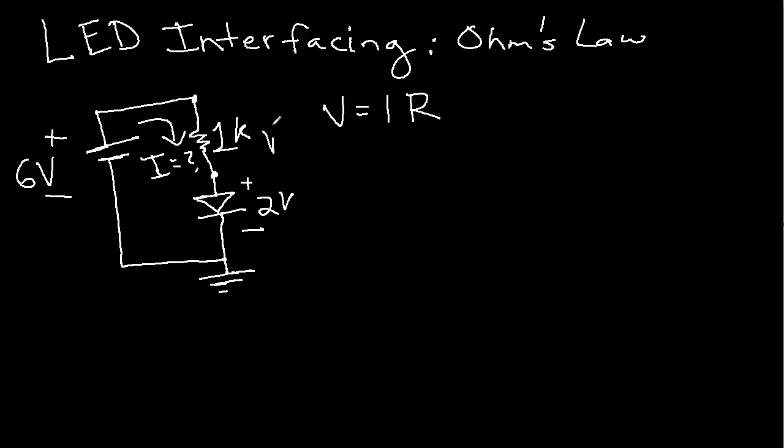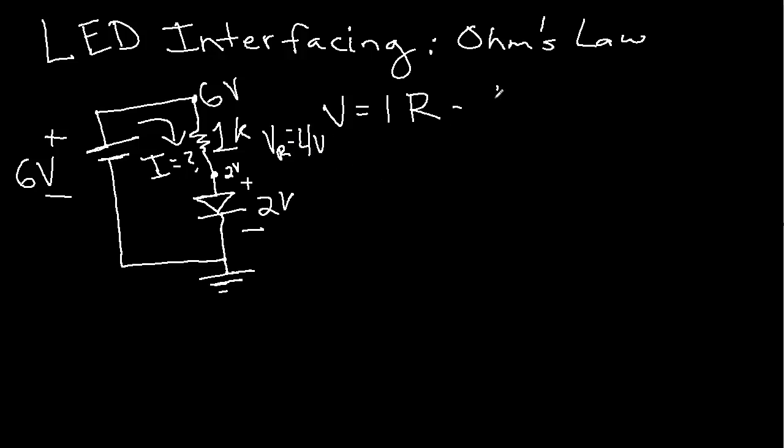resistor. V sub R is equal to, so we know that this is 6 volts, this is 2 volts, and so 6 minus 2 is 4.